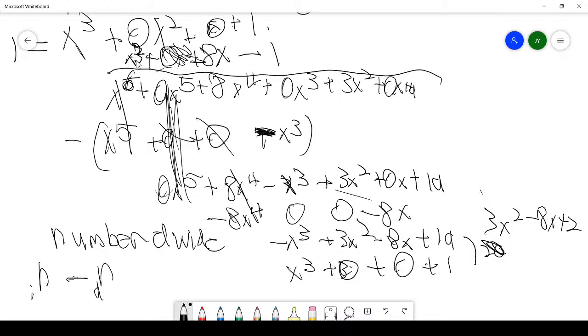Like in this case, we had to do it 3 times because it was 6 minus 3. Now this is left. You can show this as remainder 3x squared minus 8x plus 20, which is what these types of questions usually ask for. Or you could also just write it as 3x squared minus 8x plus 20. Don't forget to read the directions to see what part of the answer they want you to give.